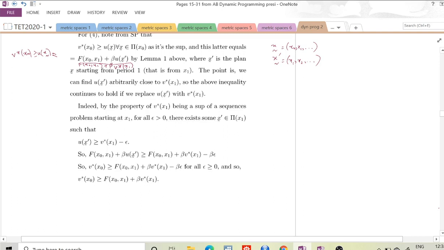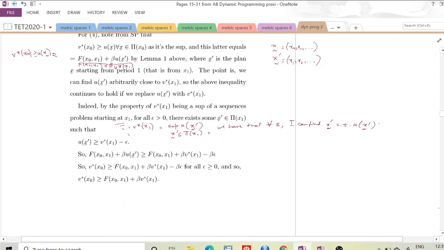Right, so how do we do that? We do that by noting that, starting at x1, since V star of x1 is equal to the sup of u of x tilde prime over all x tilde prime starting at x1, it must be the case that for all epsilon, I can find x tilde prime such that u of x tilde prime is very, very close to V star of x1.